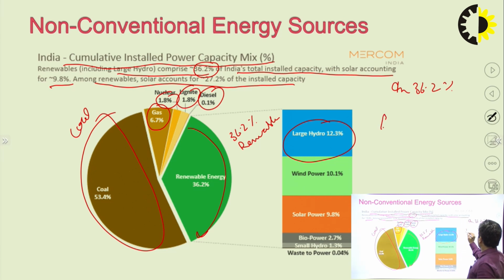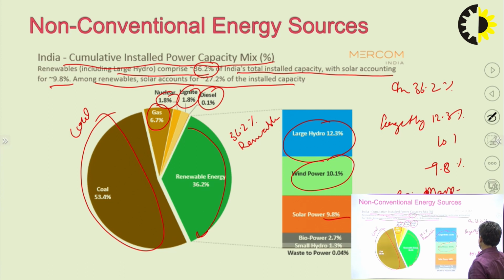In that 36.2%, large hydro covers approximately 12.3%, wind 10.1%, solar 9.8%, biomass power approximately 2.7%, and small hydro projects 1.39%.